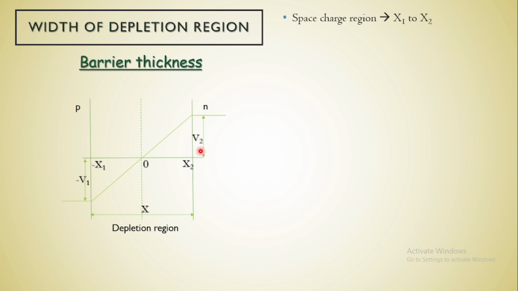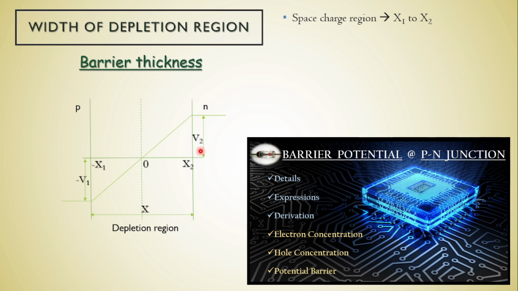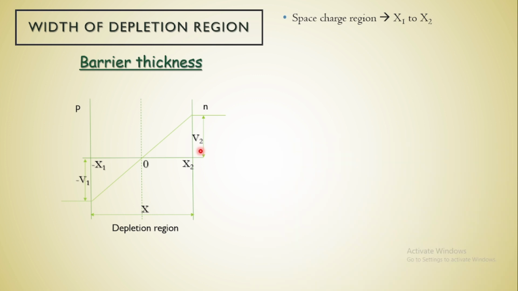that is the barrier potential. And in our previous class, we have derived the expression for the potential barrier with respect to the concentration of charges. And today, we are going to derive the barrier thickness or width of the depletion region, that is nothing but x.